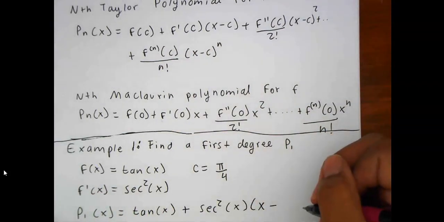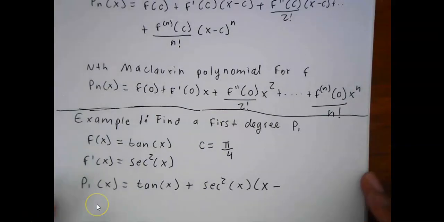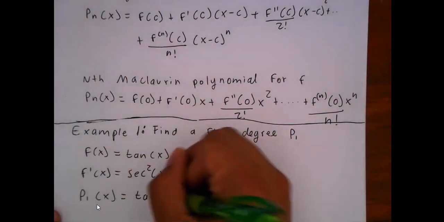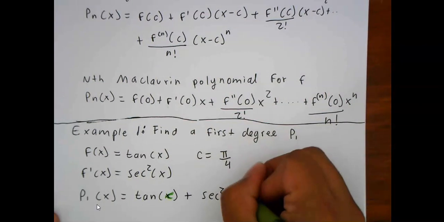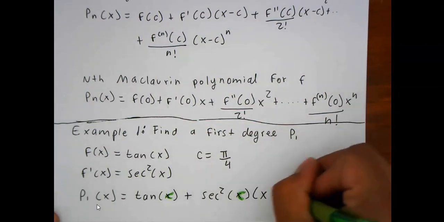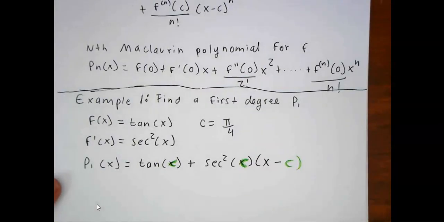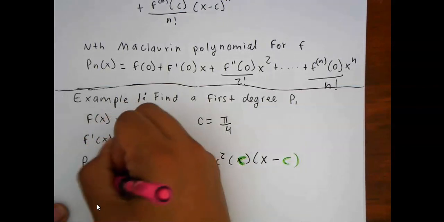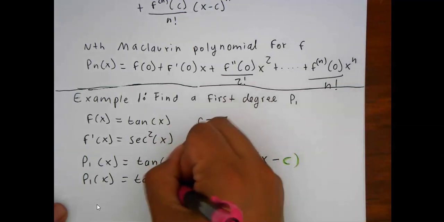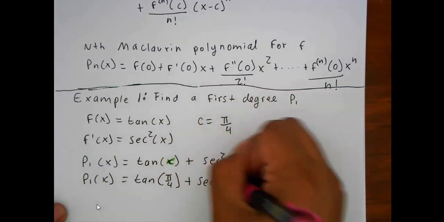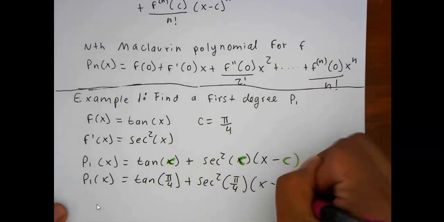Here I've noticed that the function says f of c, so it's c, it is not x. We also have a c in the derivative term, and then we have x minus c. Okay, c is pi over 4. So it's going to be tangent of pi over 4 plus secant squared of pi over 4 times (x minus pi over 4).